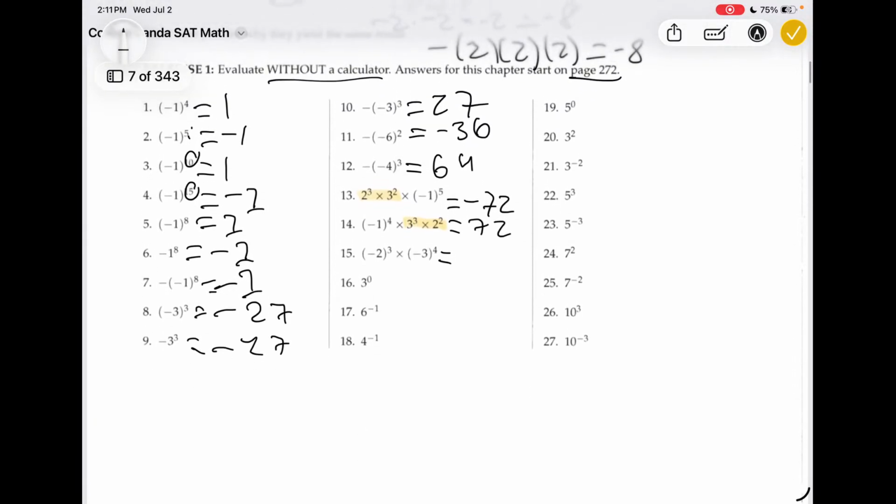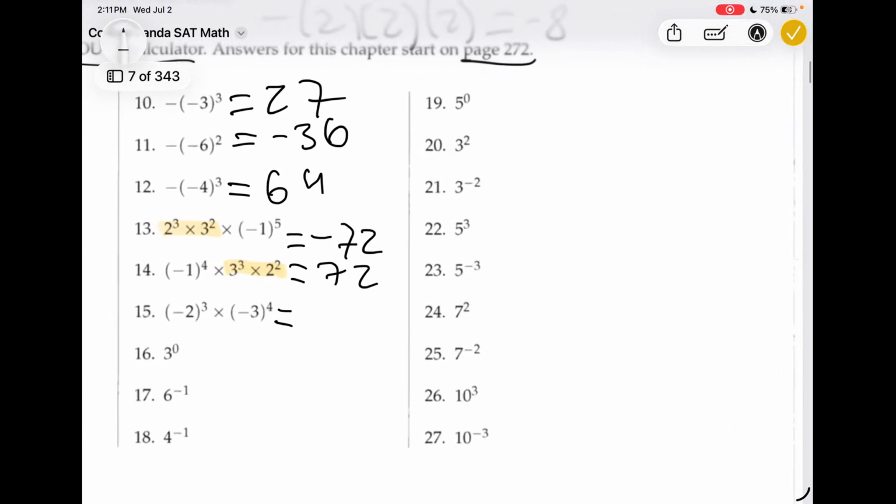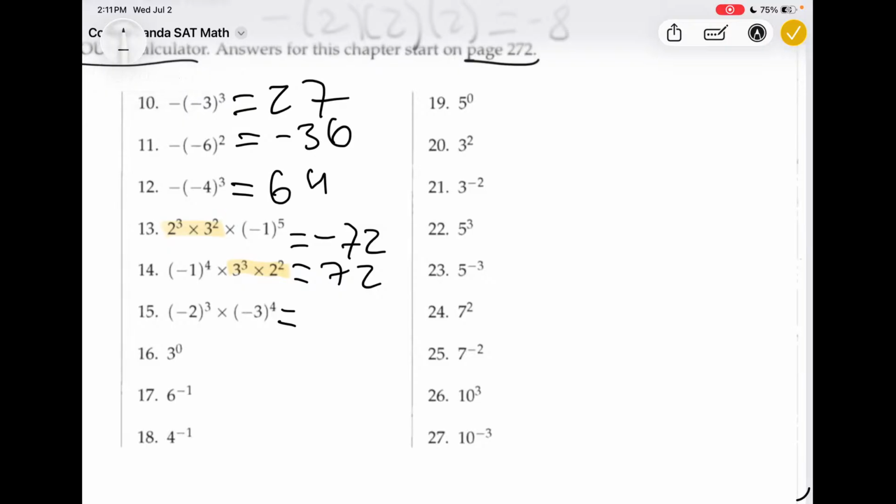Anyway, let's expand this here. We're still on 15 here. Negative 2 to the 3rd. This is going to stay negative because it's an odd number. So the answer will be negative. Let me just pull up my calculator here.